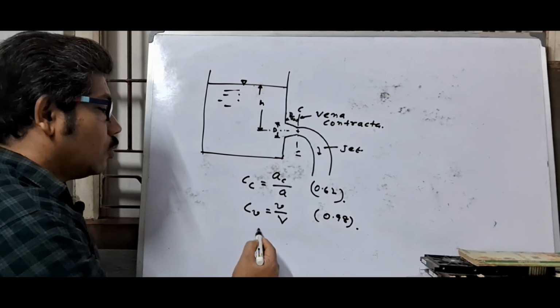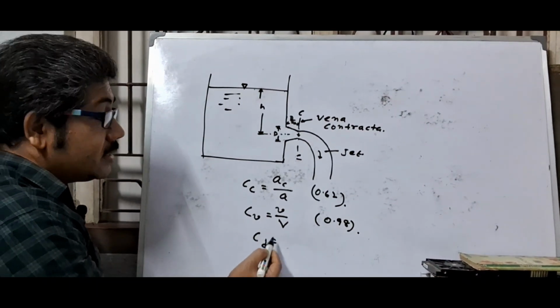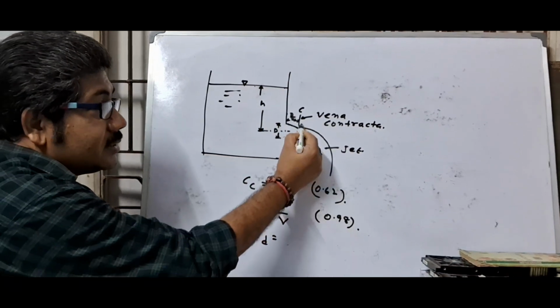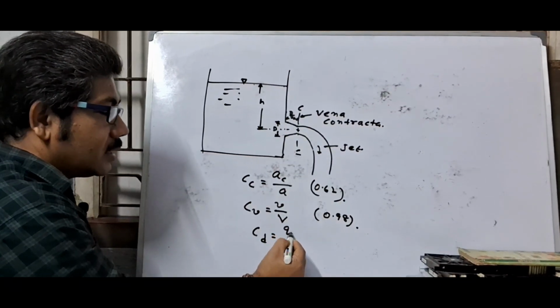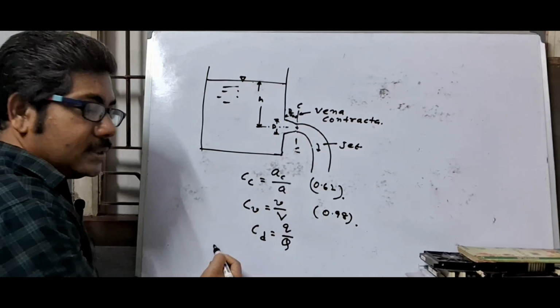Next, coefficient of discharge, C suffix D. It is the ratio of actual discharge at vena contracta by theoretical discharge at orifice.